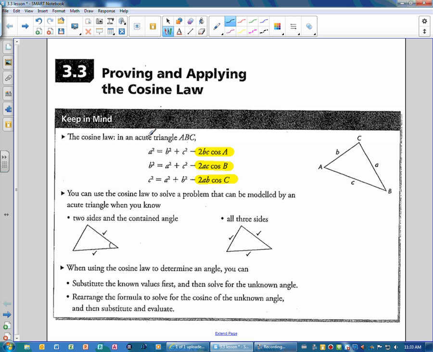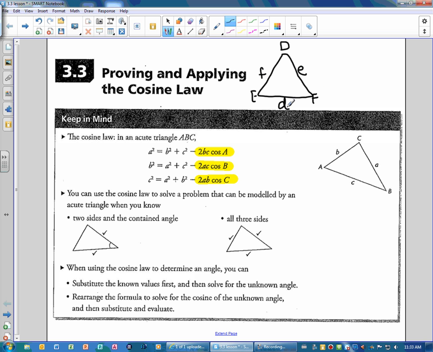These letters depend on which triangle you're talking about. So let's say you had a triangle DEF. Big angle D, across would be small side d. Let's say this was big angle E, that would be side e, big angle F, small side f.